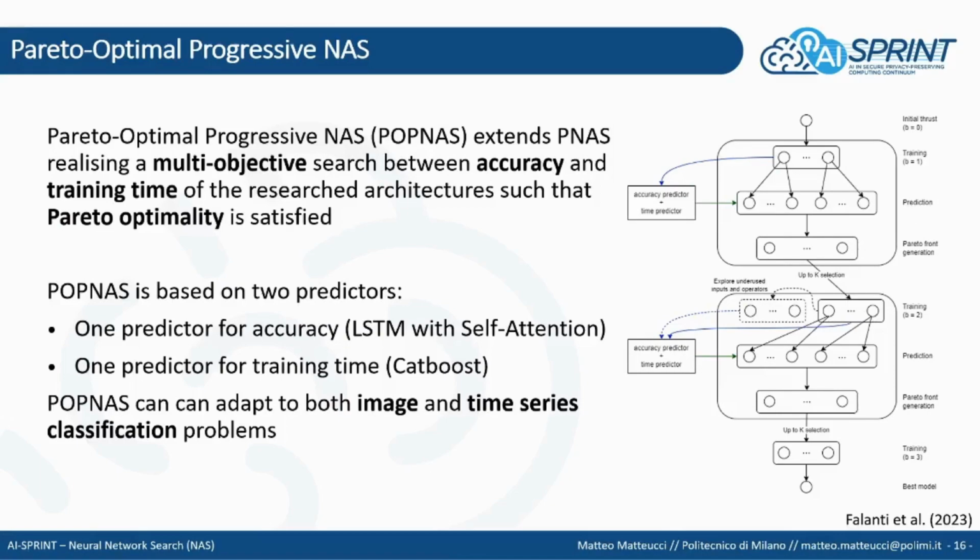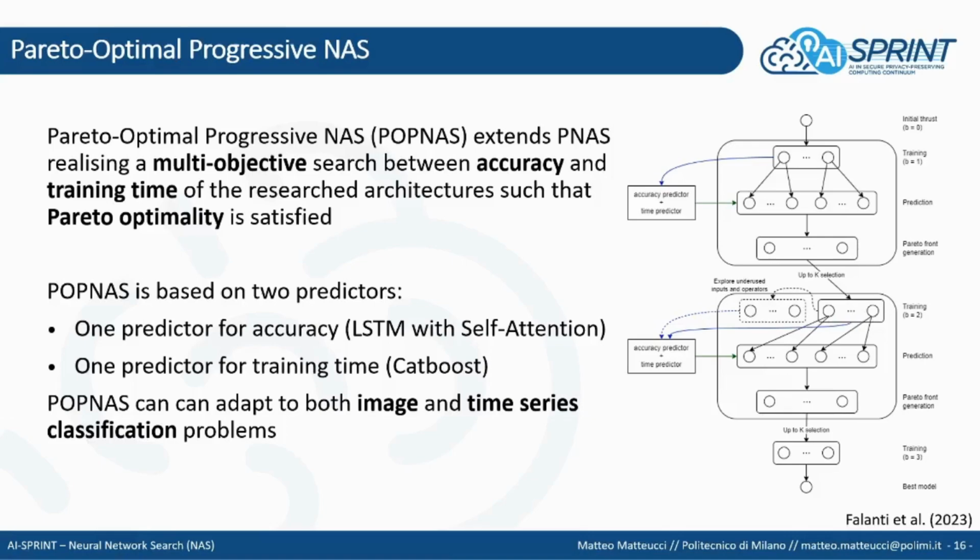Now, more recently, and this is one of the AI-SPRINT project results, we have proposed an extension of PNAS which tries to leverage a multi-objective search. Now, we don't just search for the most accurate network, but we also try to find the most accurate network which is fast to train. This means that we now have a predictor for accuracy, like with the classical PNAS, but also a predictor for training time.